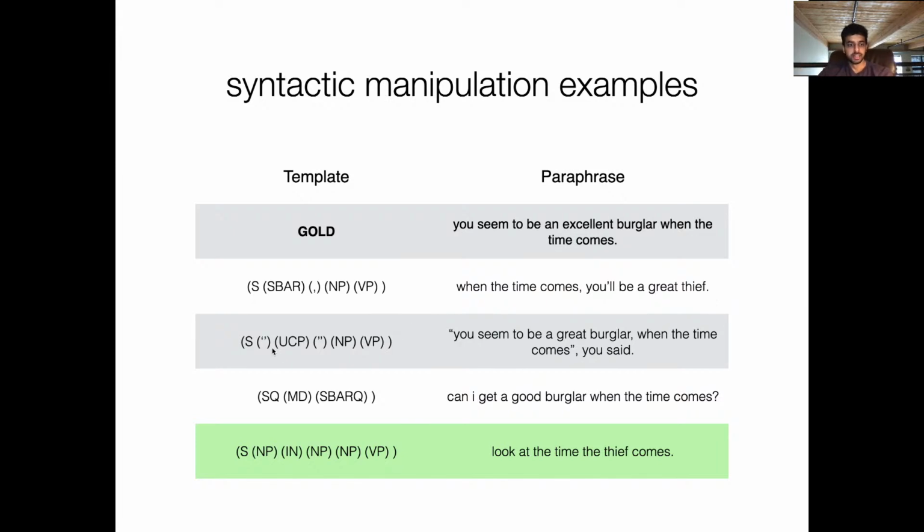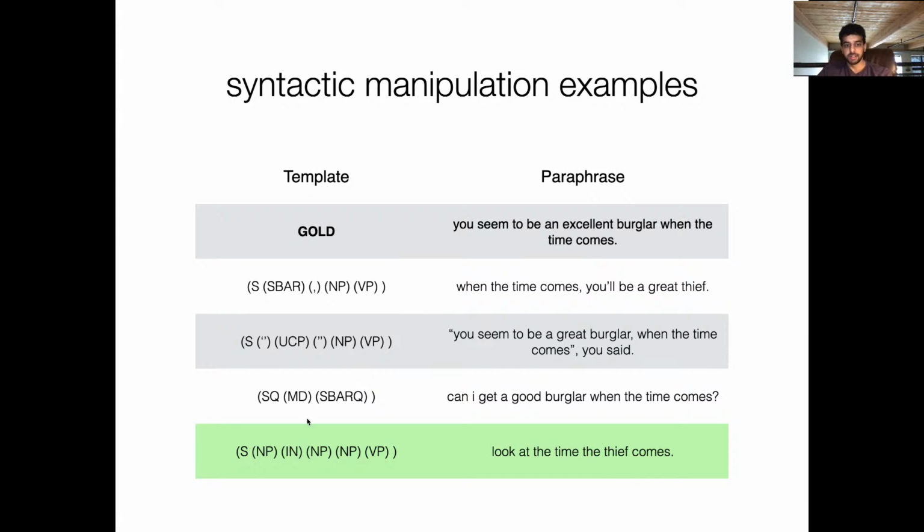So here, this form has some quotation marks, like it wants to put in some dialogue, I guess, and the model just hallucinates phrases or words to fill in this form, right? It adds quotes, it's kind of quoting the second person you here. This is obviously changing the semantics of the sentence, but it's doing a reasonable job with this input construction.